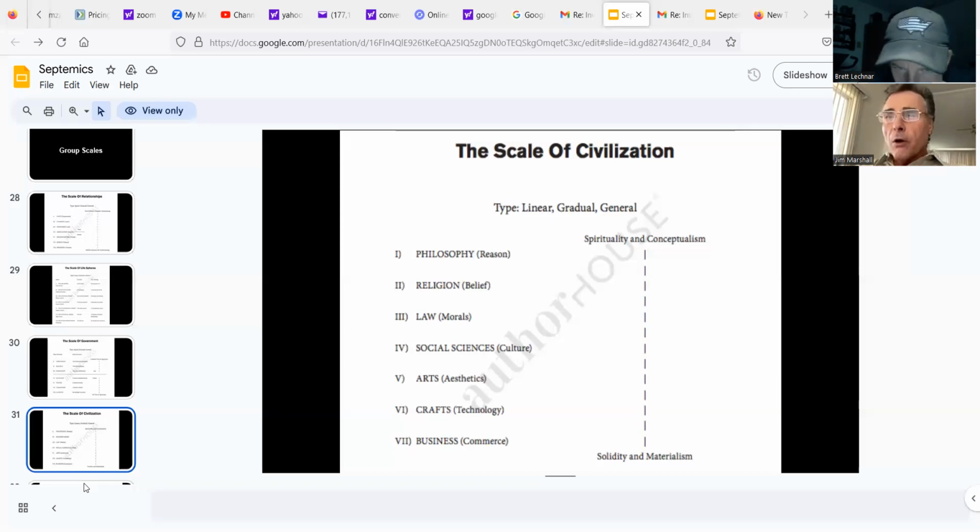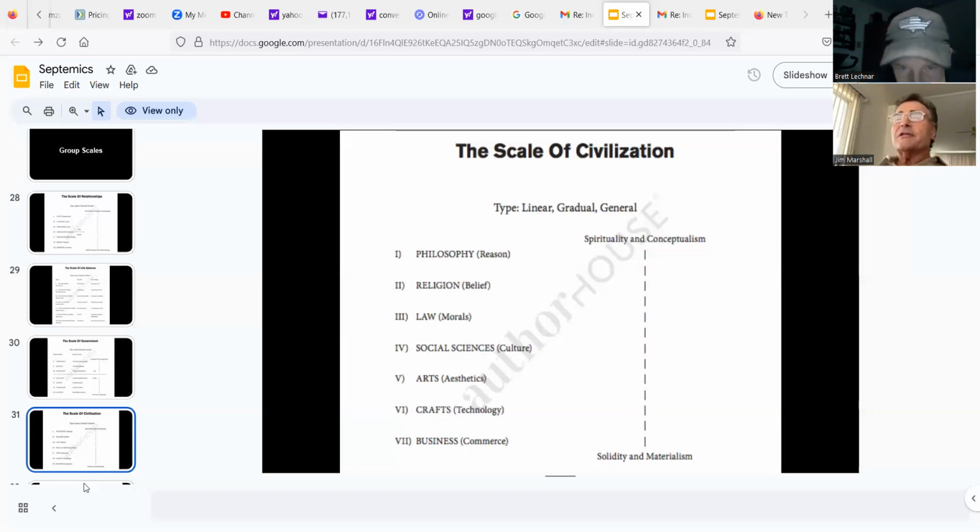A moral code is essentially a type of legal code. Now, in our society, we distinguish between the two, but in essence, law and morals are at the same level of abstraction. Once you have law, then you can have social sciences, which is what culture is about. When you study social sciences, you're studying culture.